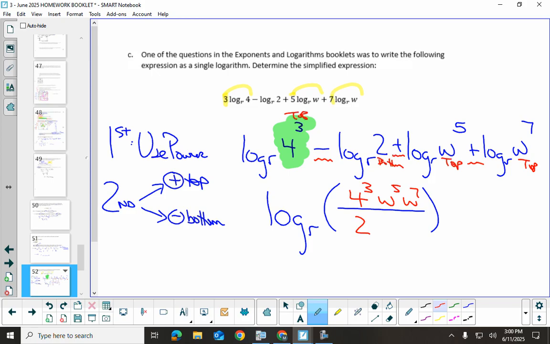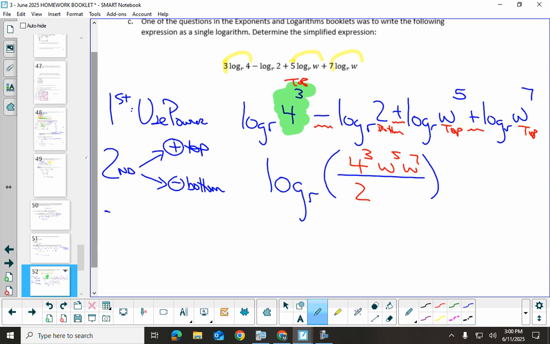So the first thing always goes on the top, minuses go to the bottom, pluses go to the top. And then the third thing, you're going to use exponent laws to simplify.